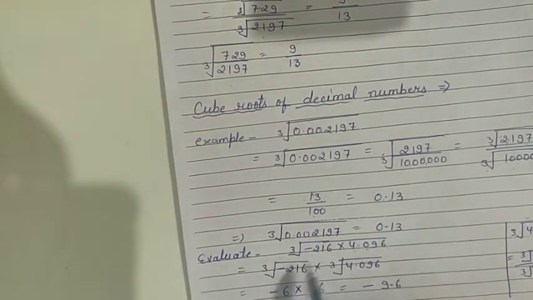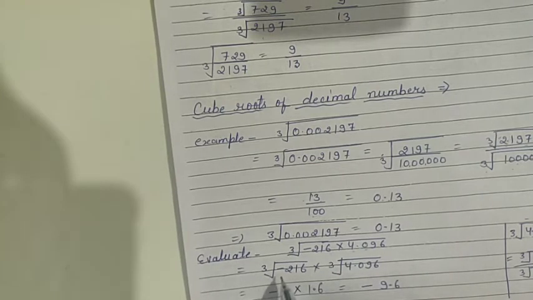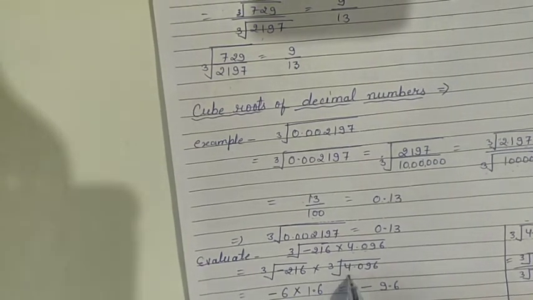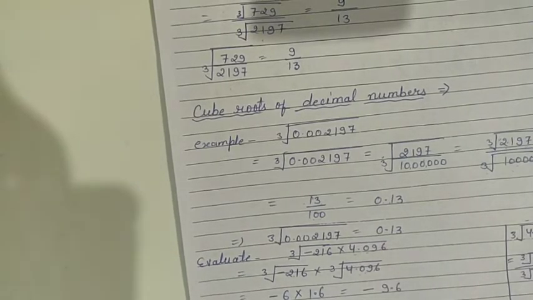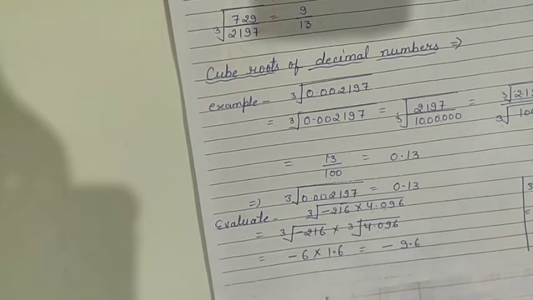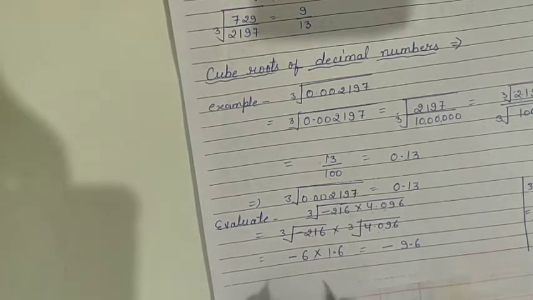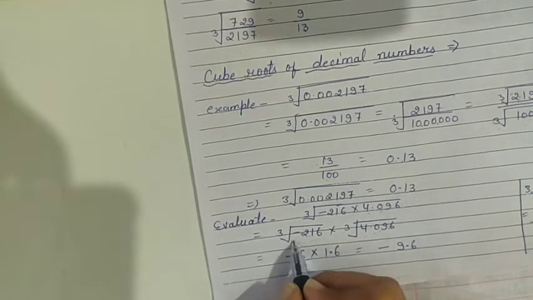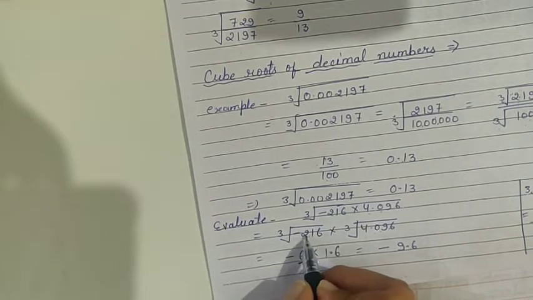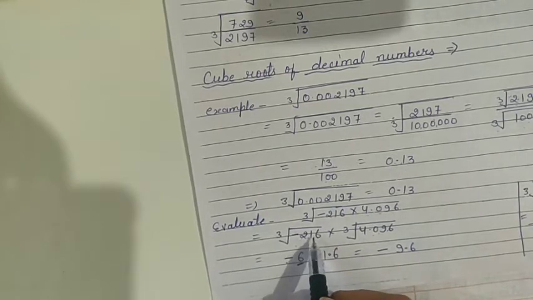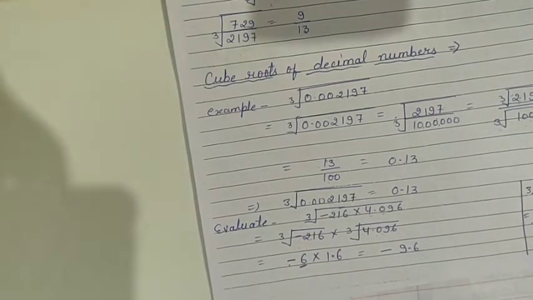So this equals cube root of minus 216 into cube root of 4.096. Firstly we will find cube root of 216 by prime factorization method, that is 6, and this is a negative number, so cube root of minus 216 is minus 6.